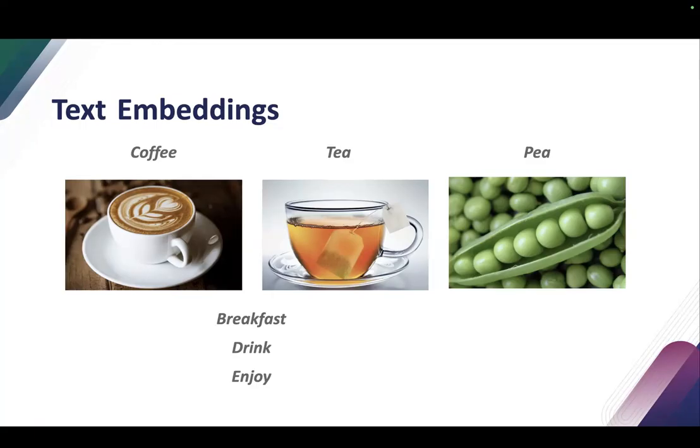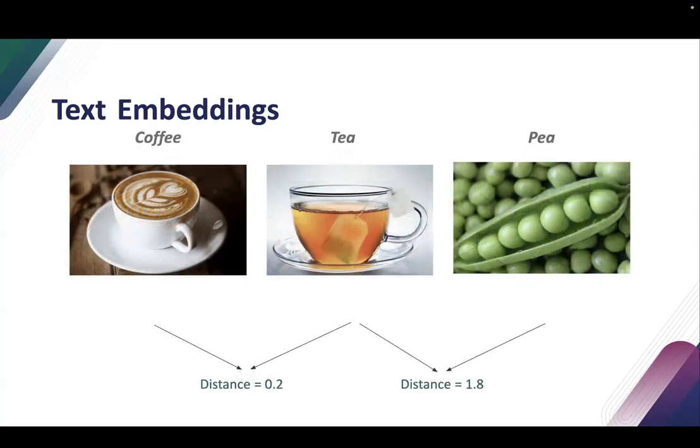Coffee and tea are things associated with breakfast, drinking, enjoying your coffee, enjoying your tea. So if you embed all of these words, you would expect a smaller distance between the word coffee and tea than between the word tea and pea.